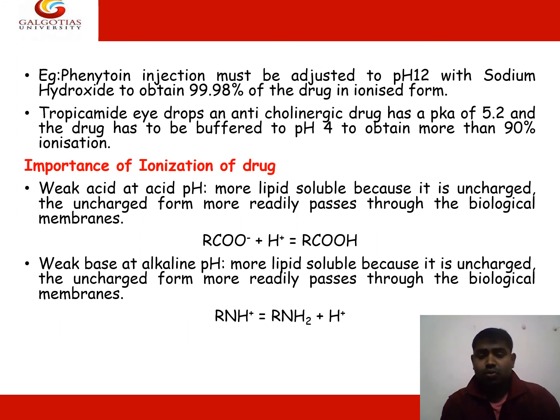So what is the importance of ionization of a drug with respect to biological activity? A weak acid in the acid pH range is more likely to be lipid soluble because it is in an uncharged form, and it more readily passes through biological membranes, or triple B, the blood-brain barrier.